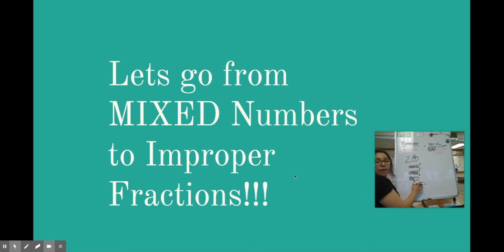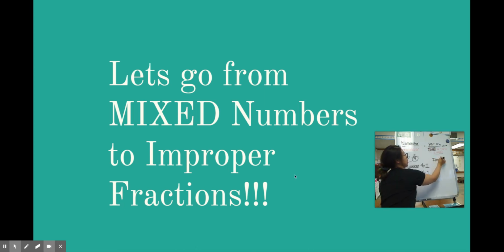So once you have your picture, then I probably should write bigger for sure, right? This is 4/4, which is the same as 1 whole. And this is 4/4, which is the same as 1 whole. So let's add these together to figure out what our improper fraction is.